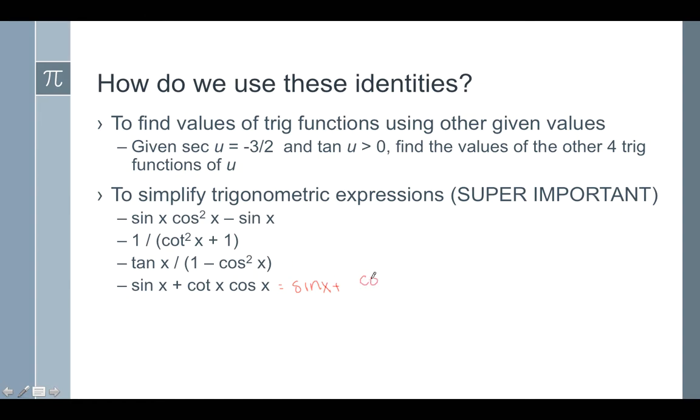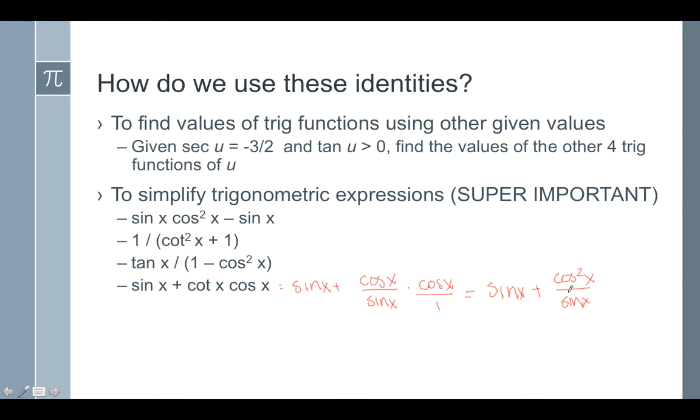Cotangent is cosine of x over sine of x, and it's being multiplied by cosine of x over 1. Well, that's become sine x plus cosine squared x over sine of x. Now, this one's a little bit more involved because now I have a sum that I kind of want to combine these two things together.